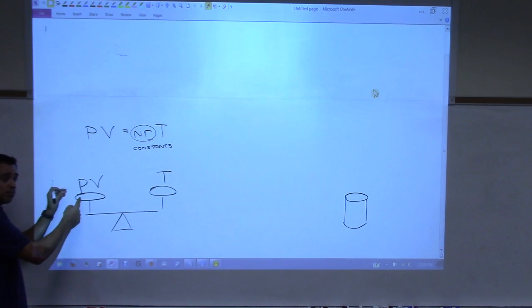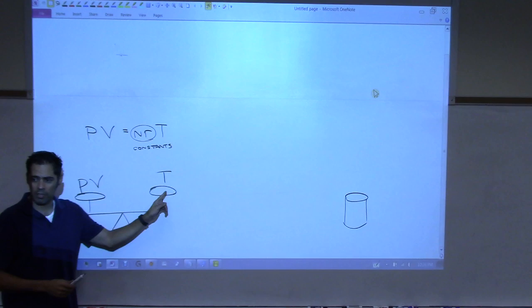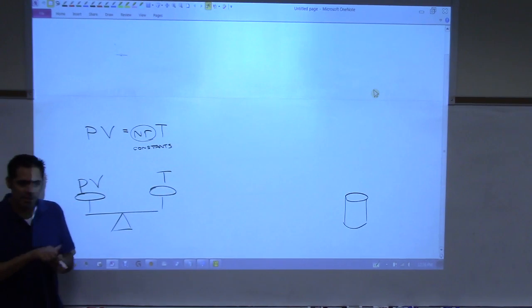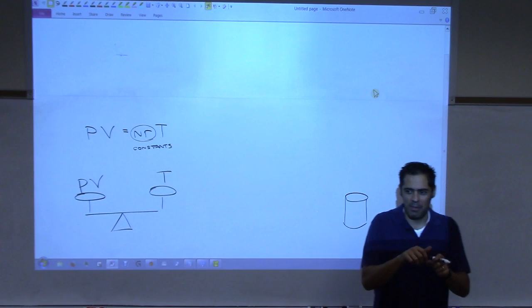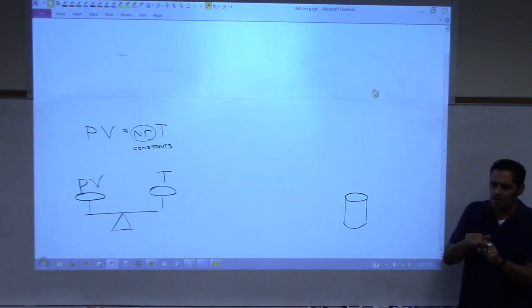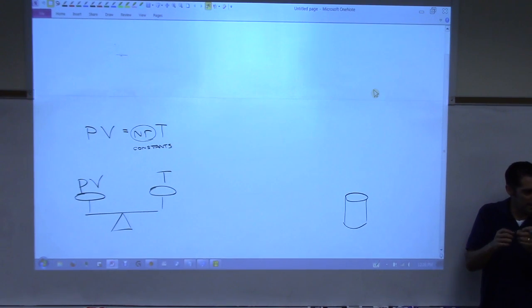If you decrease pressure, temperature goes down. Have you ever taken a Coke can or a Coke bottle and not shaken it up, but it's under a little bit of pressure and you open it? Have you ever noticed that the air that comes out is cold? Have you all ever noticed that? That rush of air out is cold, colder than the ambient temperature around you.